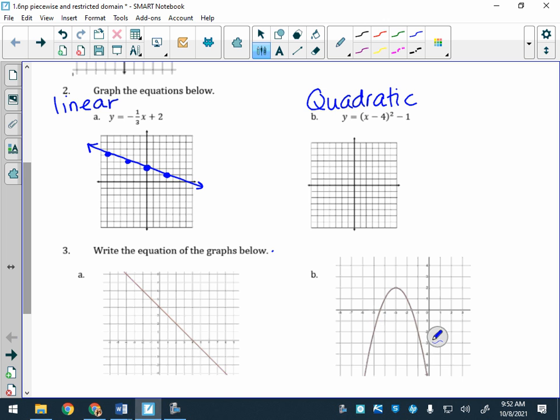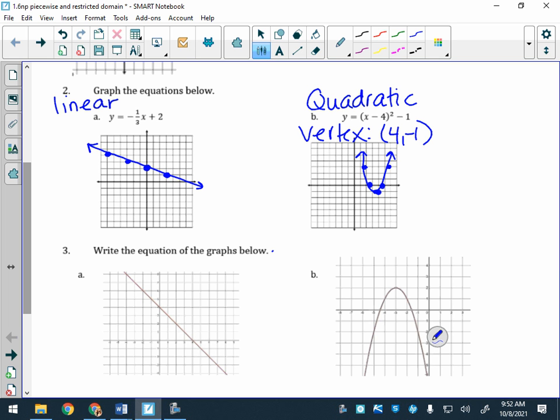You don't need to. What is the HK? Good. Perfect. That's what you need, the vertex. Okay, here's your vertex, and you could plug in x values, or remember the pattern. 1, 1, 2. Okay, here's our quadratic.